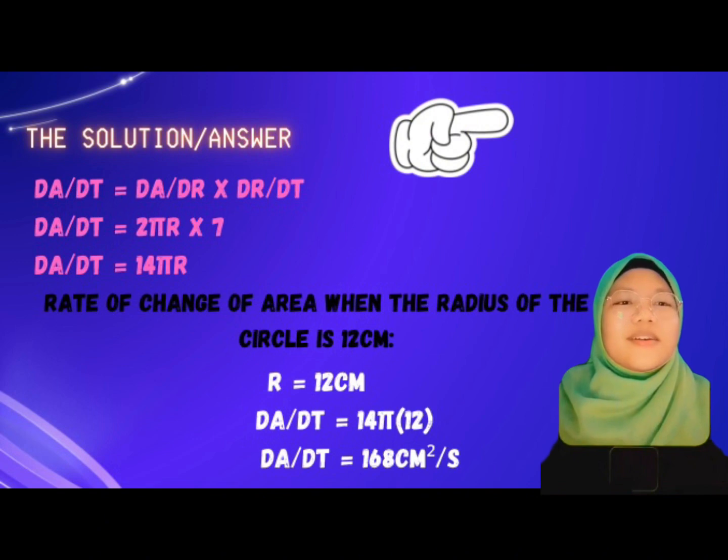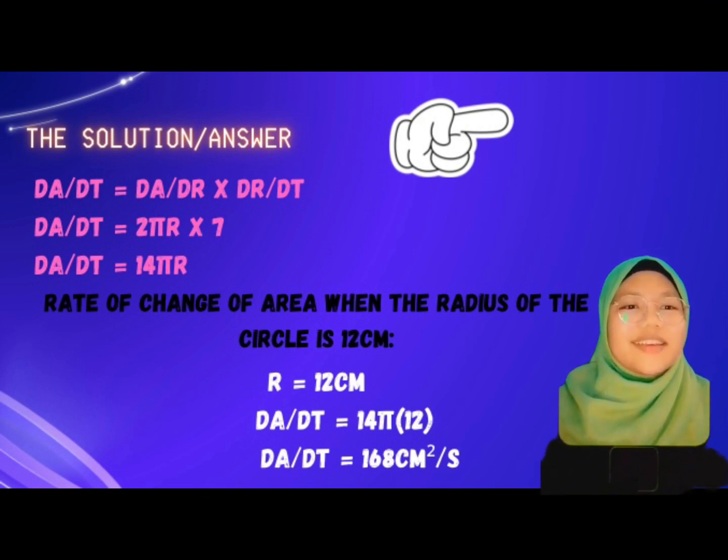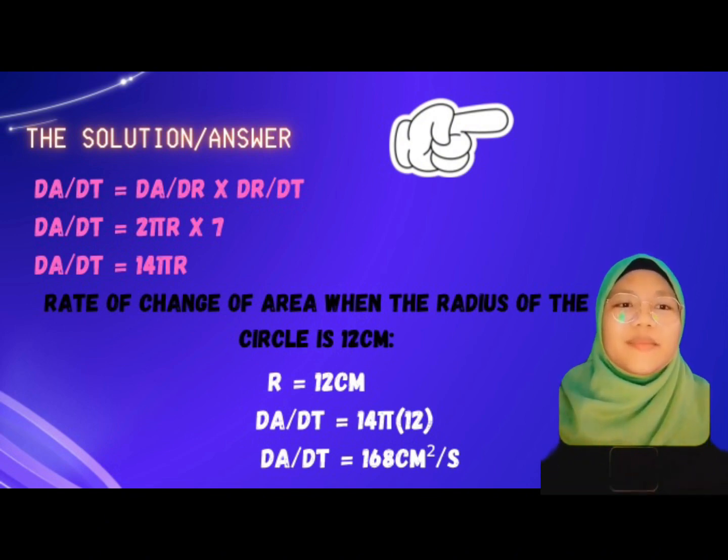The question just gives you the rate of the radius, so dr per dt is 7 cm per second. The next step is you need to find A, the area. The area of the circle is pi r squared, where r is the radius. So the next step is dA per dr is 2 pi r.